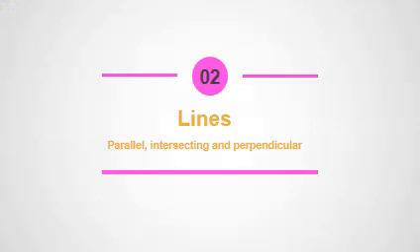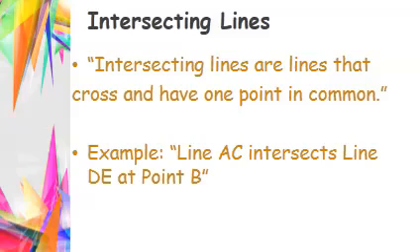And here we go for the second objective, to learn what's the meaning of parallel, intersecting, and perpendicular lines. Let us start first with intersecting lines. Intersecting lines are lines that cross each other. And when they cross each other, they have only one point in common.